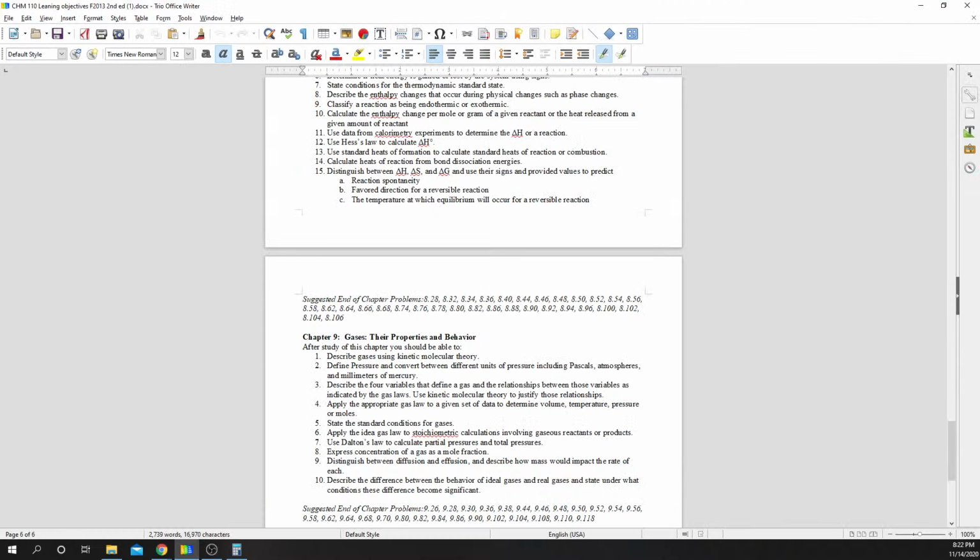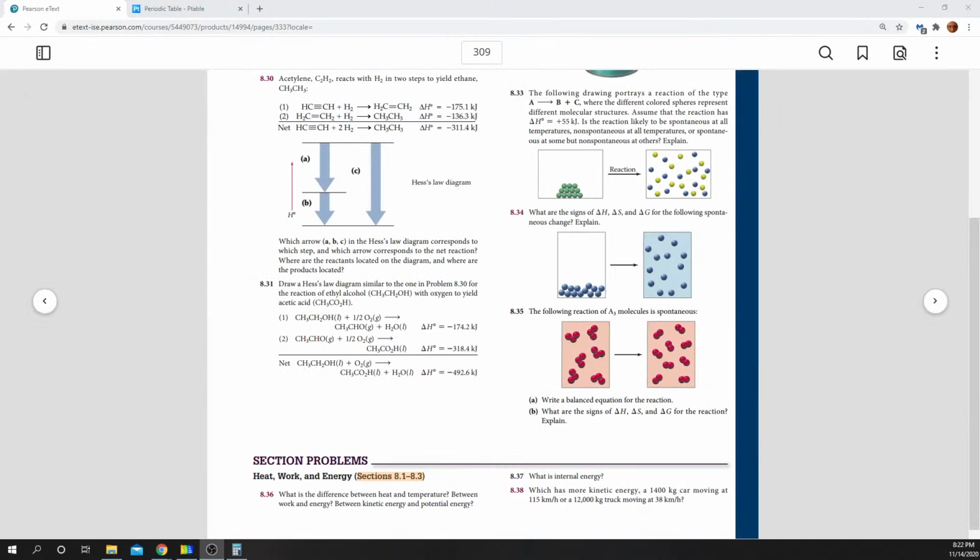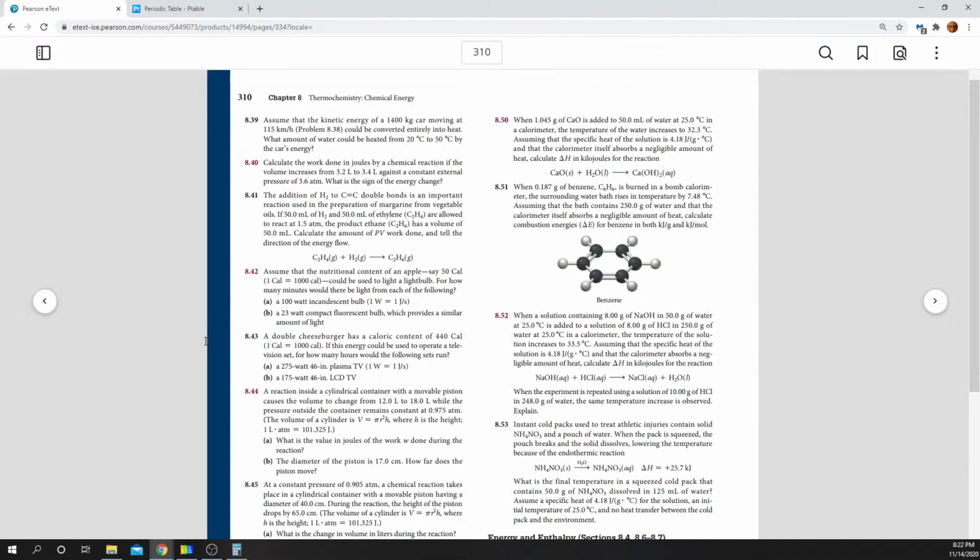Okay, 40, 44. Oh, well, let's just do 40, and then we have a whole bunch in a row. So 40. Next page. Calculate the work done in joules by a chemical reaction if the volume increases from 3.2 liters to 3.4 liters against a constant external pressure of 3.6 atmospheres.